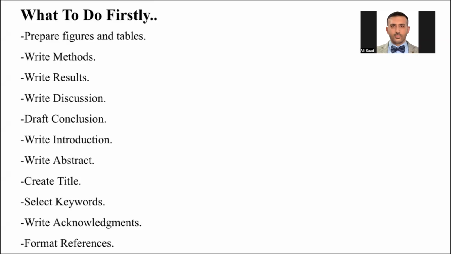They want an unstructured abstract. Create a good, representative title for your manuscript. Select keywords, for example MeSH keywords from PubMed. Write acknowledgements of who has helped you. You can also format references.